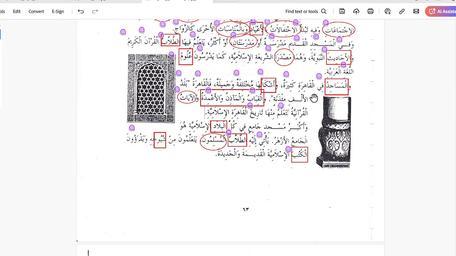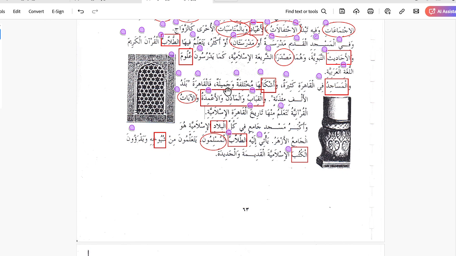Fil Qahirati is jarun wa majrurun, and kathiratun is the khabar for masajidu. So kathiratun is khabarun marfu', and the sign of rafa' is the damma. In other words, wal masajidu kathiratun, there are many mosques in Cairo.